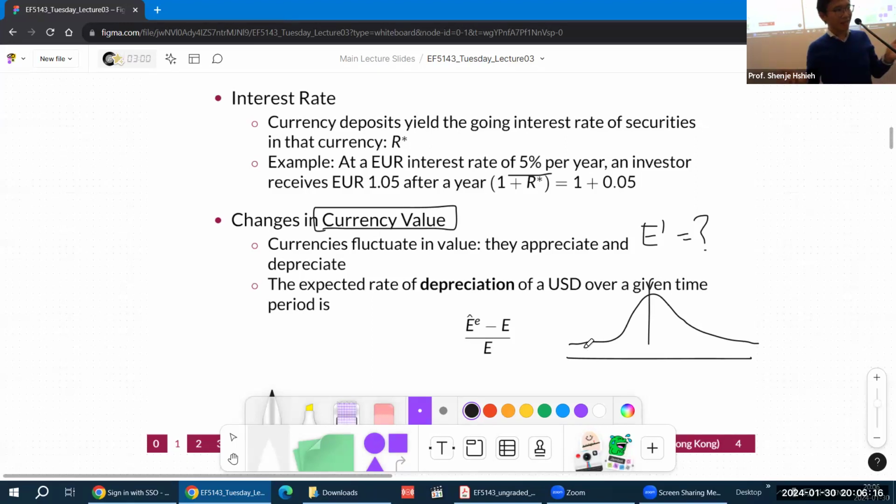Maybe this is the only thing that the investor cares about. That's the idea, and therefore we can just work with this expression here for the returns on foreign currency. E hat E is my shorthand way of writing the expected value of future E, which is E prime.